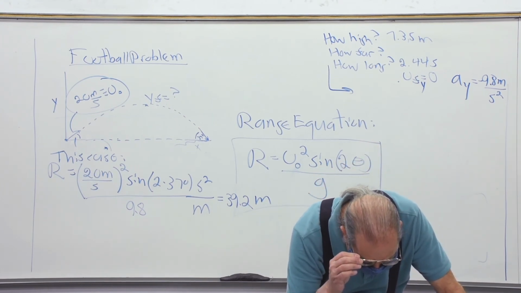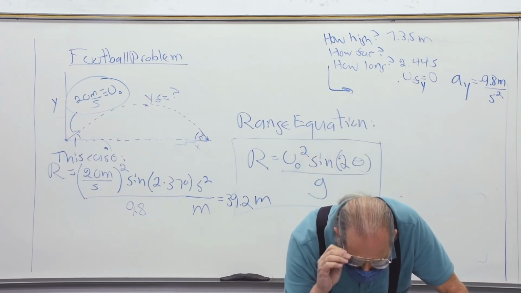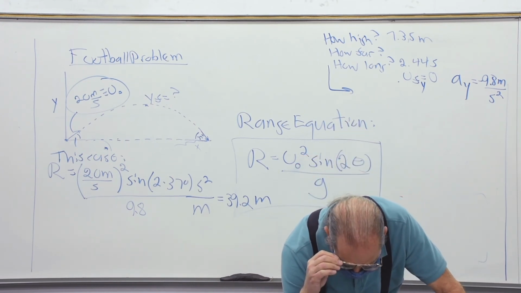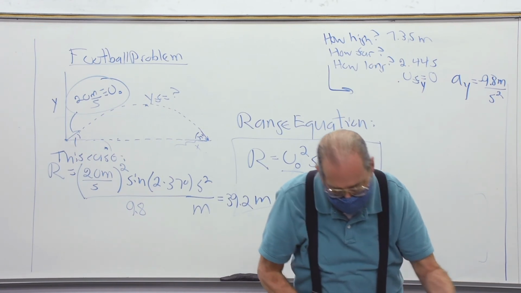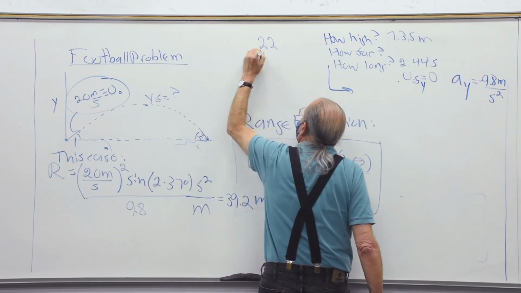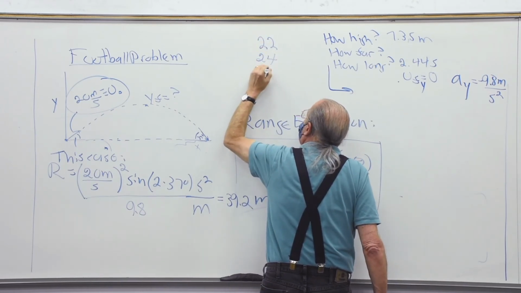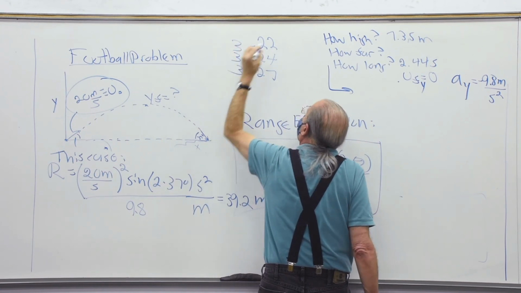Yeah. Okay, I did not assign 18 and 20? I did. What about 22 and 24? Okay, 22, 24, and 27. 22, 24, 27 in chapter 3.